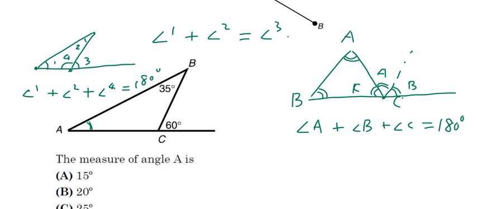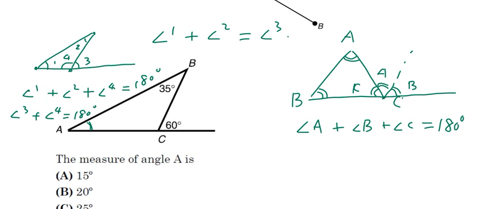And angle 3 plus angle 4 is also 180. So angle 3 equals angle 1 plus angle 2.